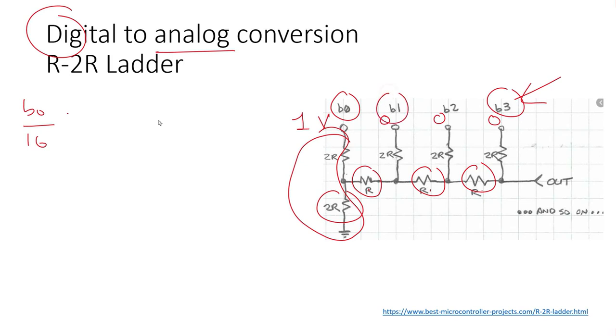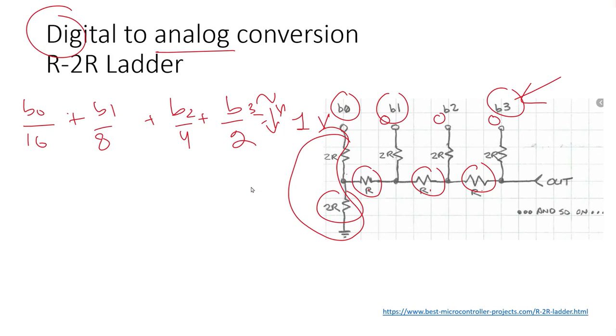Similarly, B1 will be B1 by 8, B2 will be by 4, and B3 will be by 2. If we add these up, it will be approximately equal to V, a bit lesser than V, but almost closer to V.